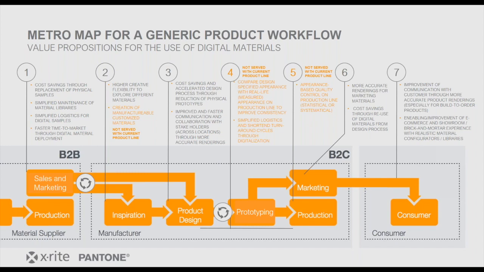So ultimately, each of these areas, and not every process is going to use each one of these things. Not everyone is going to need every aspect of this, but a digital material can solve a lot of these problems and make things faster for you.